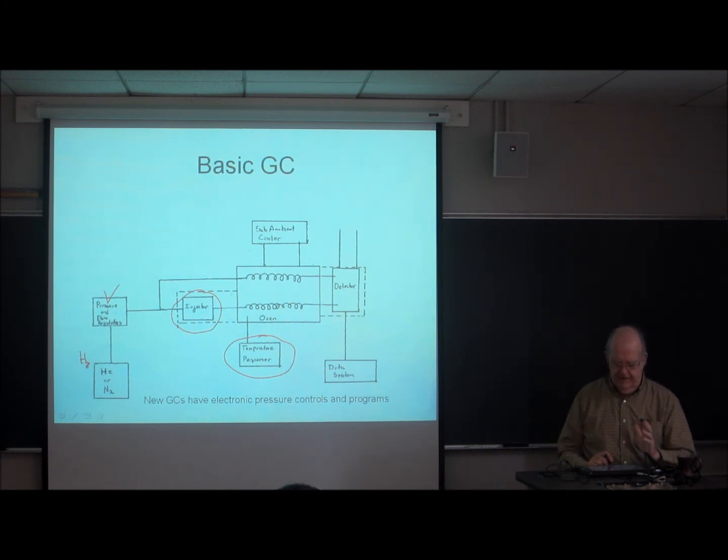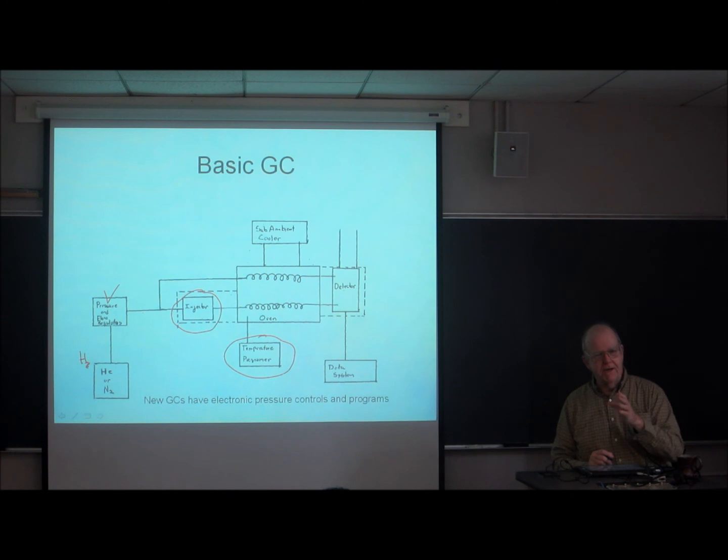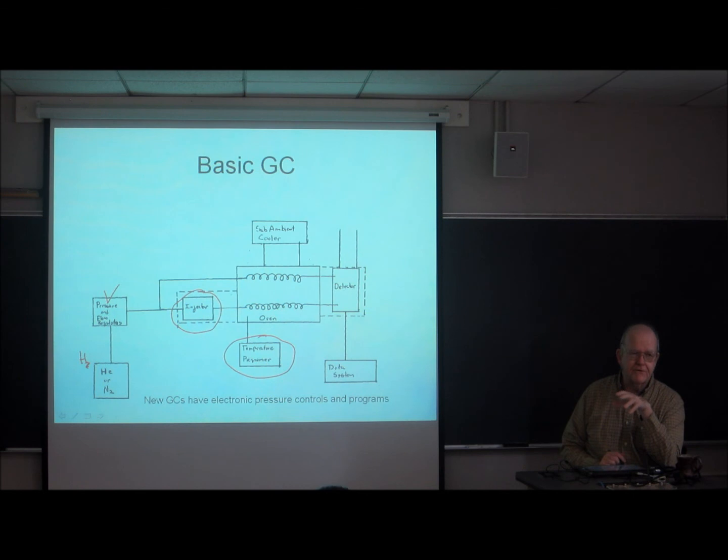But basically, in most gas chromatography, the flow rate is set essentially by the flow restriction offered by the column to the pressure set on the regulator. So if you change the column, or the column diameter for some reason changes, or you chop off a couple of centimeters of the capillary and you change its flow resistance, your flow rate's going to change. If you change the temperature of the column, the flow rate's going to change.